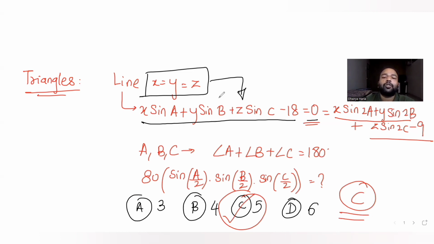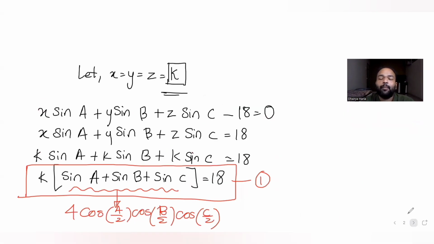I hope you have understood how to simplify this kind of question which deals with the ideas of triangles, where we needed to use this very importantly, that sum of all angles in a triangle is 180 degrees or pi radians. So that becomes very important in this idea. So these two ideas are very important, that we needed to simplify sine A plus sine B plus sine C as this.